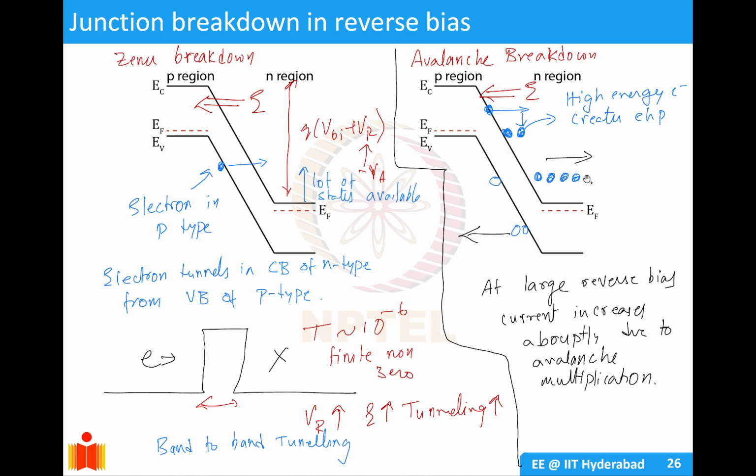Another is avalanche breakdown. In avalanche breakdown, the electric field across the junction becomes very high, and this electric field causes electron hole pair generation in the junction.